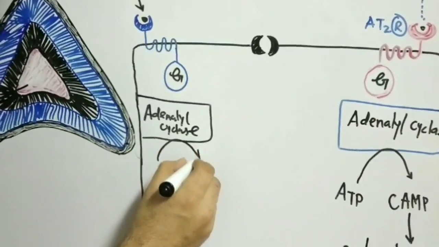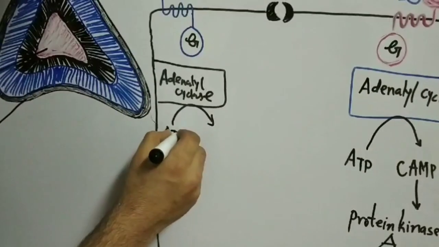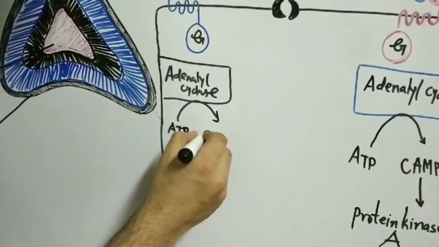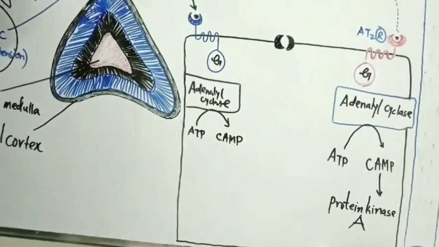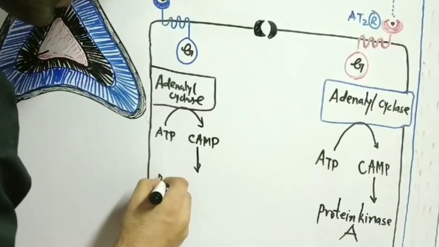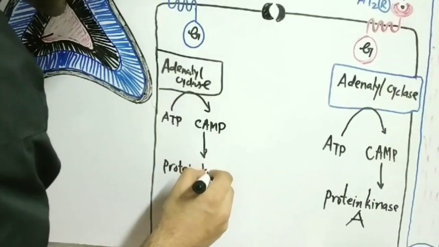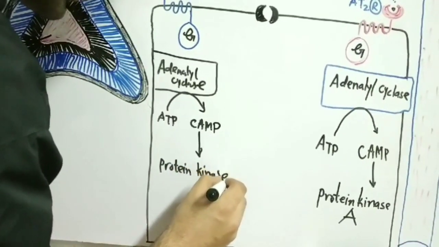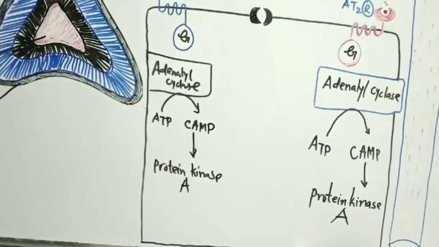Adenylyl cyclase will convert ATP into cyclic AMP. Cyclic AMP will activate protein kinase A. Okay, now look here.